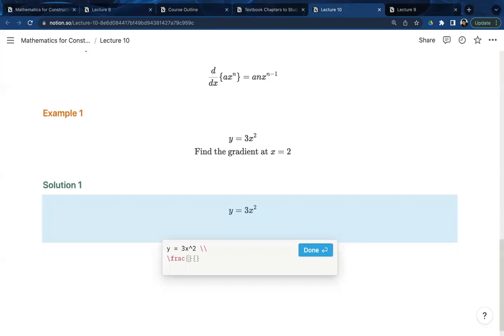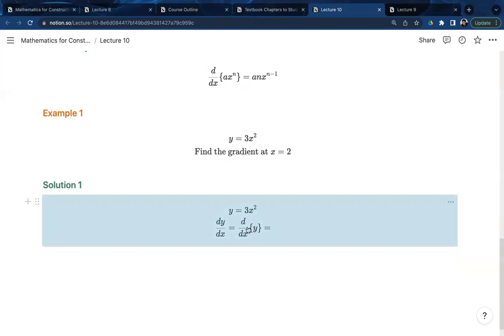So dy dx: how do you find that? You have to differentiate y with respect to x. So we have to apply the differential operator, d dx, to y. When you find d dx of y, that's how you get dy dx.